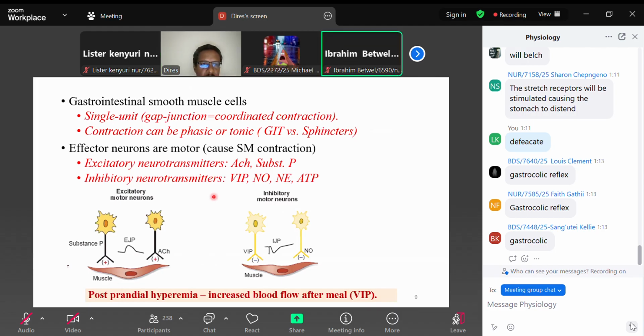Yes. Okay, thank you. The other thing is regarding the GIT. I told you that in the wall of the GIT there are 3 types of muscles, right? Skeletal muscle, smooth muscle, and cardiac muscle. Cardiac muscle is the heart.